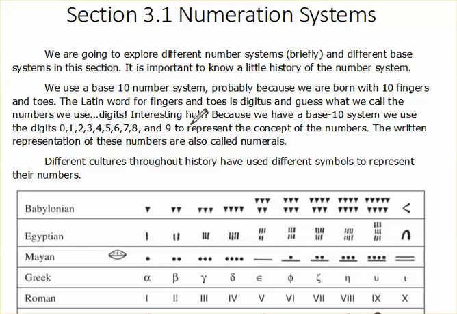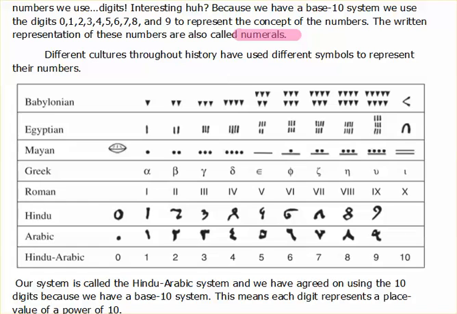Now, the written representation of these numbers is what we call numerals. So the word numerals literally is the written representation of a number. Different cultures throughout history have used different symbols to represent their numbers. Here is a little chart that has some very interesting pictures of the different things that have been used over the years.